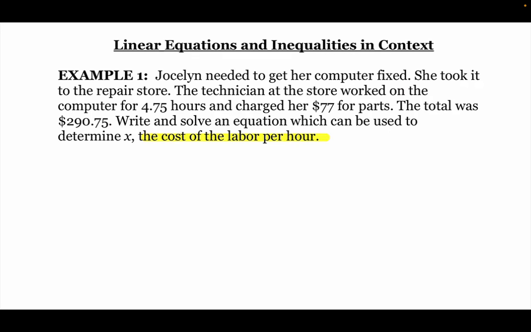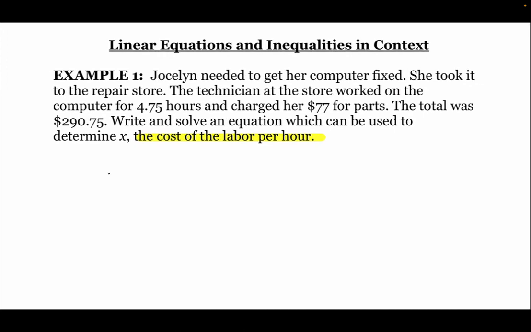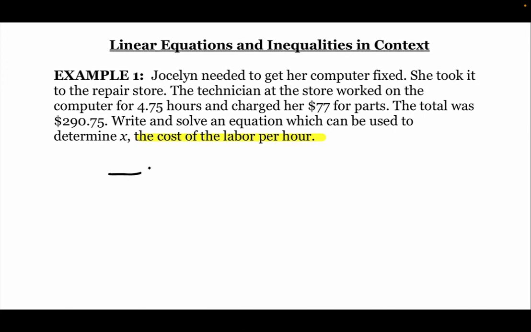Okay, so let's fill this in. We have the rate times x plus the fixed number equals the total. I put equals in there. How do we know it's going to be equals? There are two words in here that lead us to an equal sign.